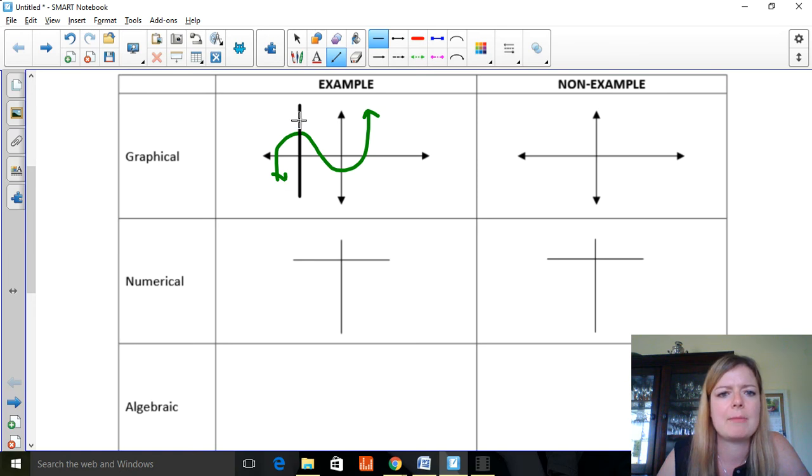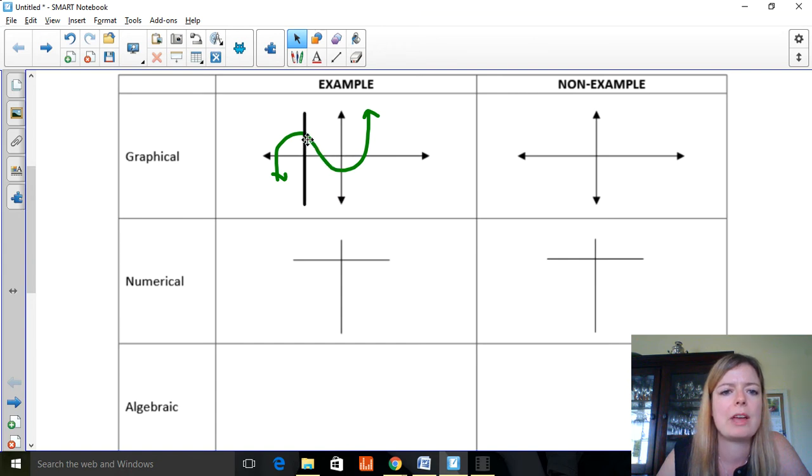Now, if I wanted to grab it and move it over left and right, you'll notice that everywhere I touch, it only touches the function at one part. There's no time where that vertical line touches the function in more than one spot. Okay, so that means for every x, you'll get one y.